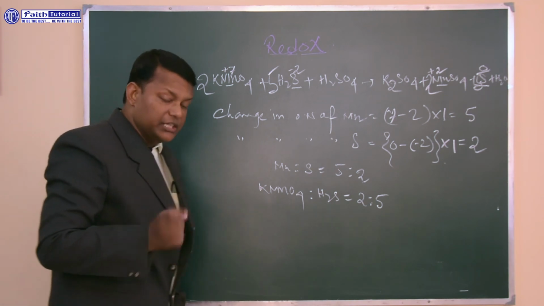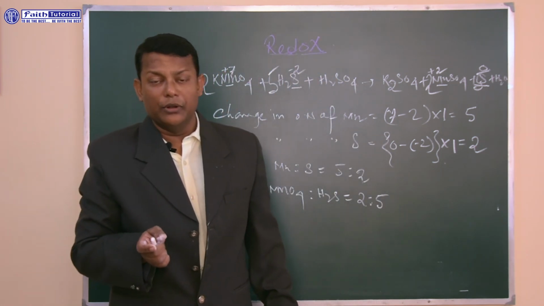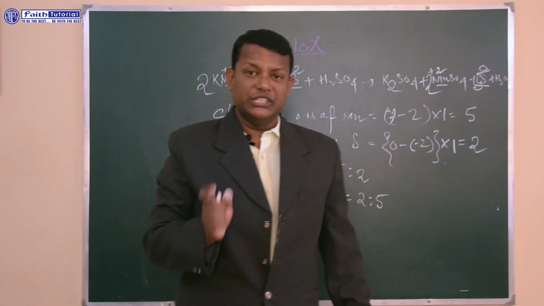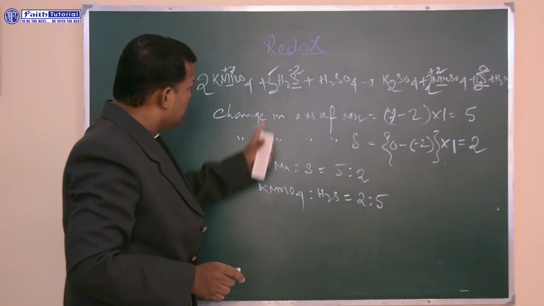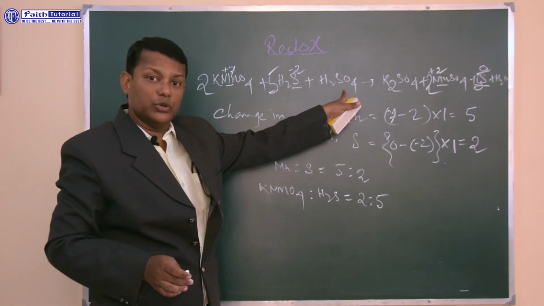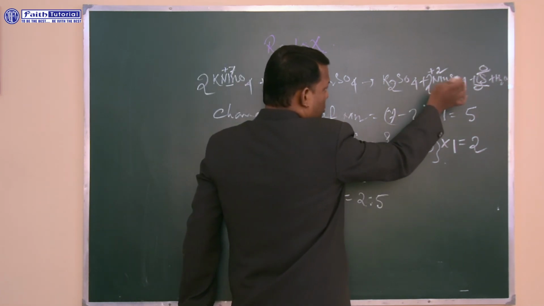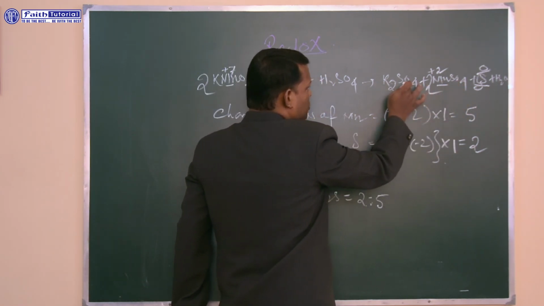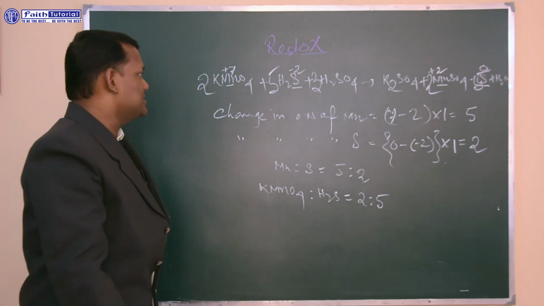Acid radicals means the negative part which comes from the dissociation of acid. For example, SO4 2 minus, Cl minus, PO4 3 minus, these are acid radicals. In this equation, SO4 is the acid radical because we are using H2SO4 as the acid. So the number of sulfate on your right is 2 and 1, which is 3. So put 3 before H2SO4 to balance the acid radical.